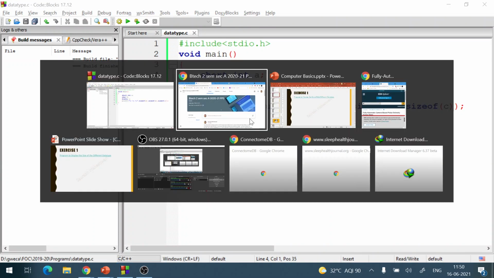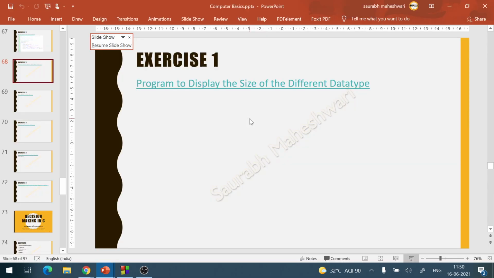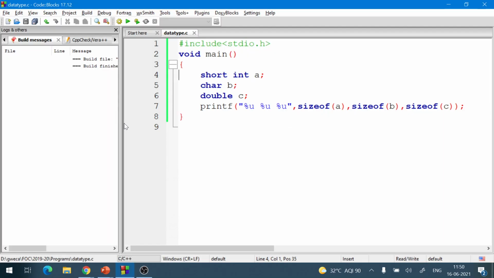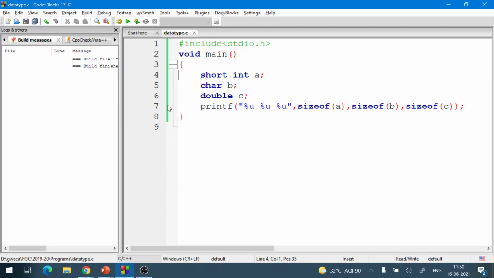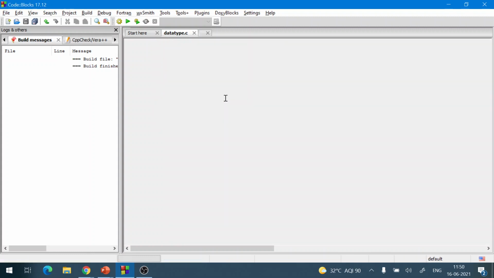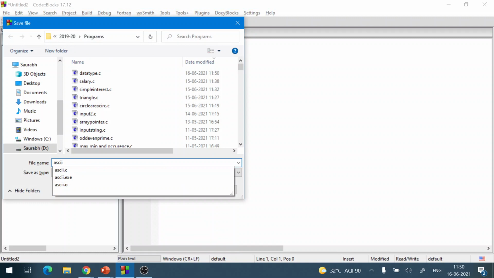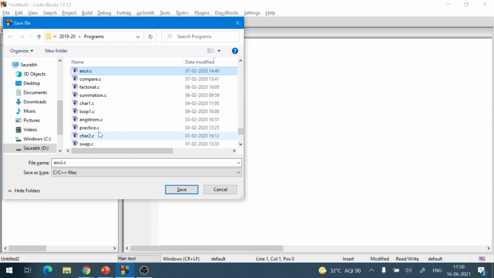Now let us take the next program, which is about printing the ASCII value of a character. I will create a new file and save it as ascii.c. I already have a file, let us see if that also belongs to the same thing.